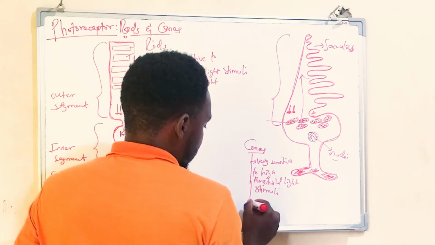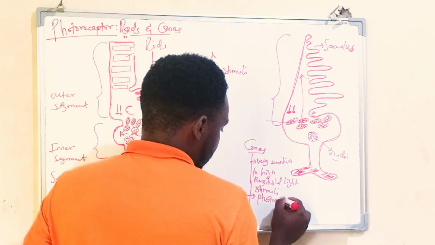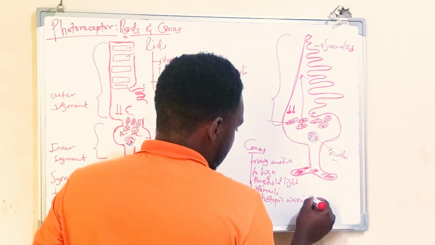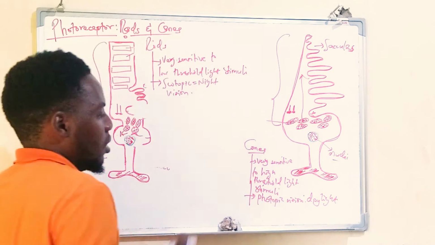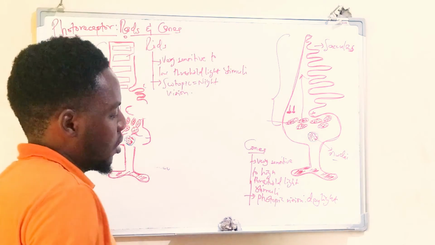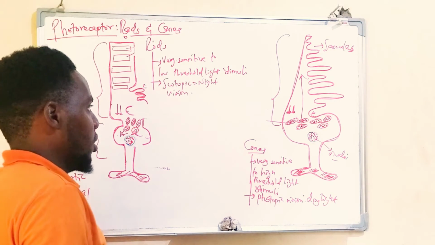And the cones are used for photopic vision or daylight vision, where you have bright light, because bright light is the stimulus for the cones. They are actually high threshold light stimuli responding photoreceptors.